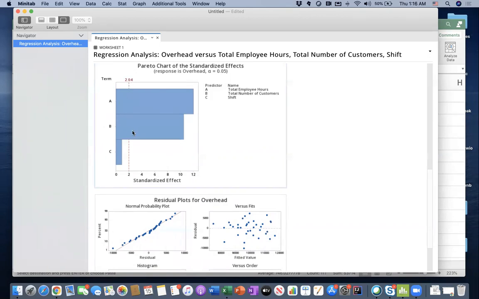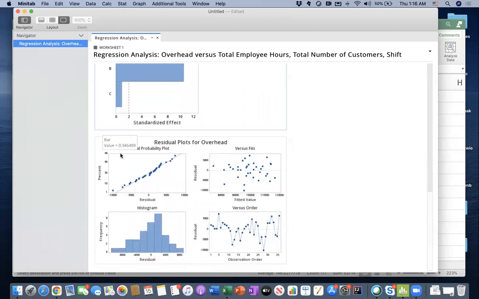You see that A and B are good. They're exceeding this important threshold, but the shift variable is not exceeding it. It has only a 0.94 value. It is a good indication that the shift variable is not really a determining variable when calculating the overhead cost.